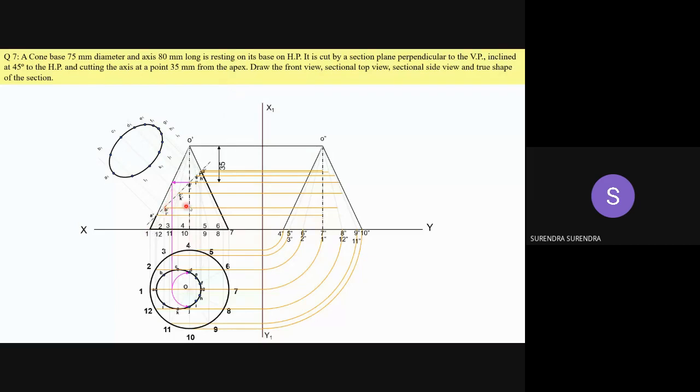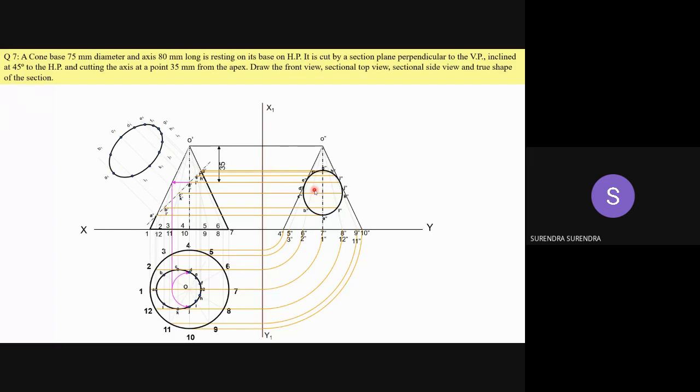So draw the projection from B up to 2O line. C is on 3O line. So draw the projection up to 3O line. So similarly on all this. Mark the respective intersection points and then draw a smooth curve passing through these points.